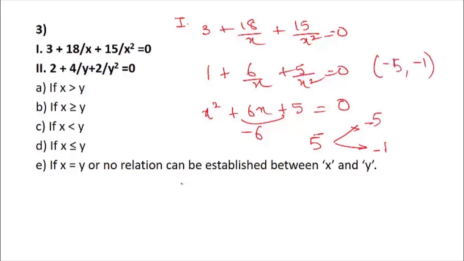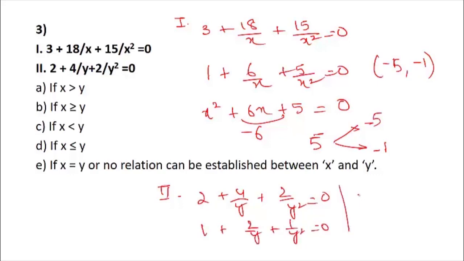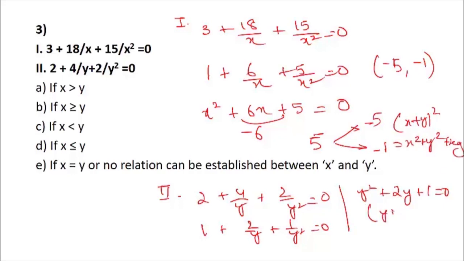Now let us find the value of y. 2 plus 4 by y is equivalent to 2 by y square. Okay, so you could eliminate 2 from here. 2 by y plus 1 by y square is equivalent to 0. Now multiply by y square. If you know the identity that x plus y whole square is equivalent to x square plus y square plus 2xy, you can directly apply it. This is equivalent to x plus y whole square, that is x is equivalent to minus 1 and minus 1.